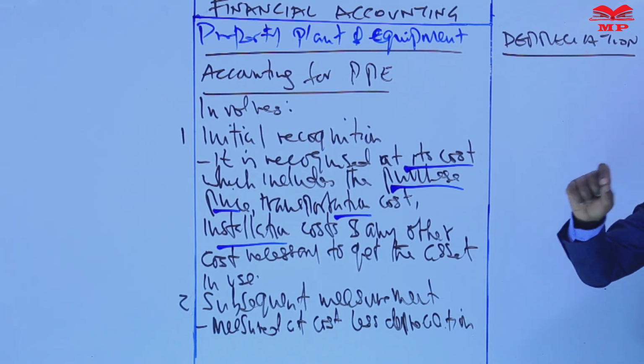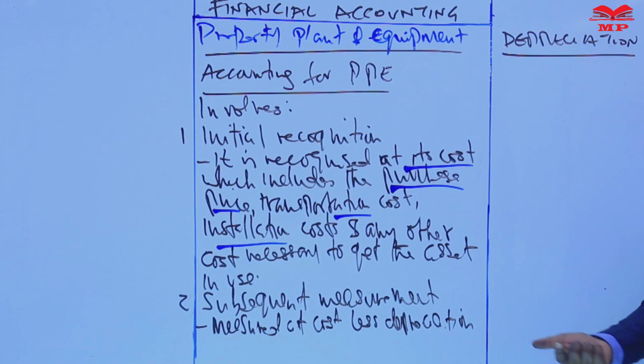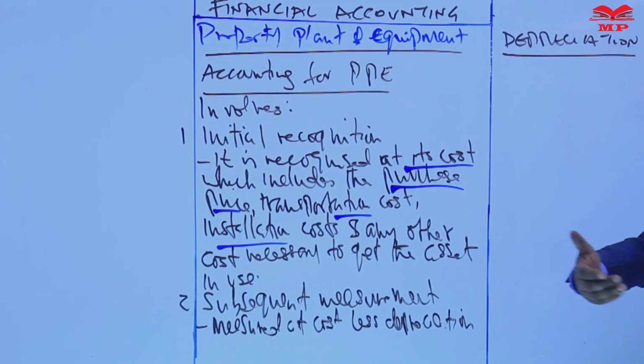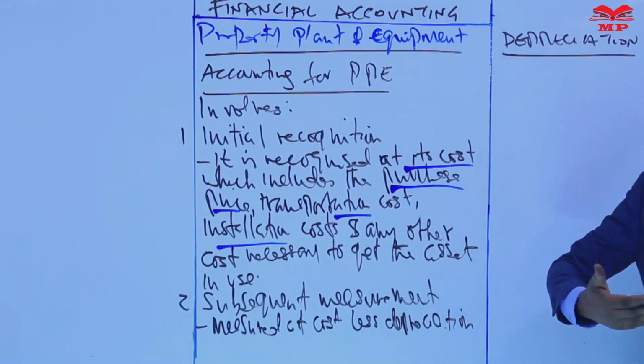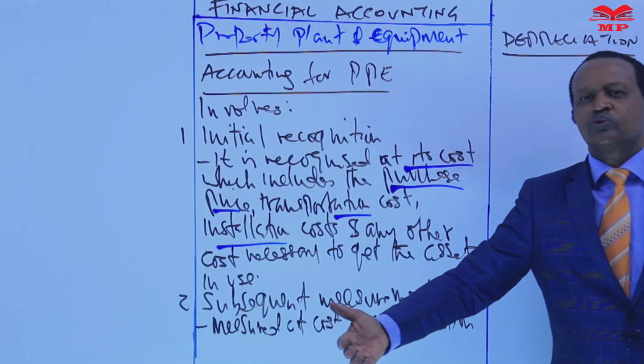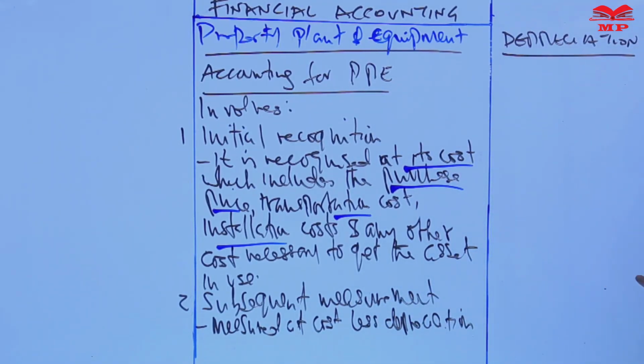So the cost of PPE is allocated over its useful life through depreciation. Depreciation is the systematic allocation of the cost of a tangible asset over its useful life. And it reflects the wear and tear, the obsolescence, and also the economic decline of an asset over time. That's the meaning of depreciation.